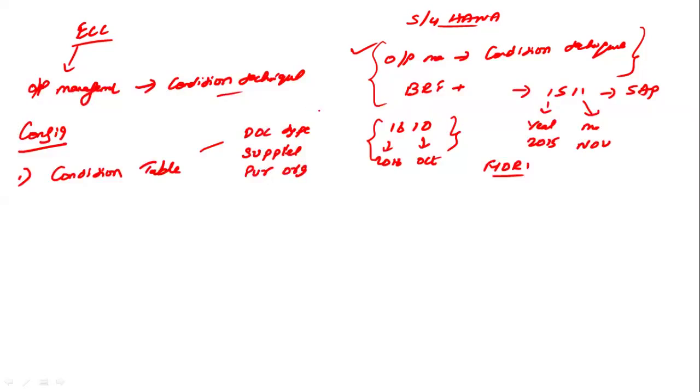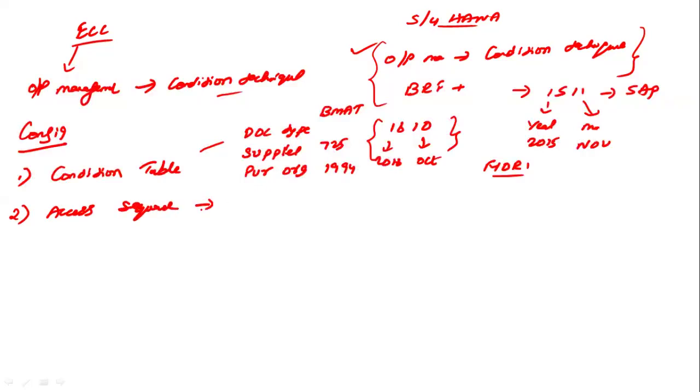Whenever the document type is BMAT, supplier is 725, purchase org is 1994, in this case, trigger the output. This is a condition I'm going to set. So first thing, you need to decide what condition we are going to set to trigger the output to the vendors.